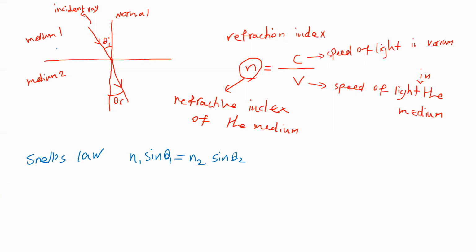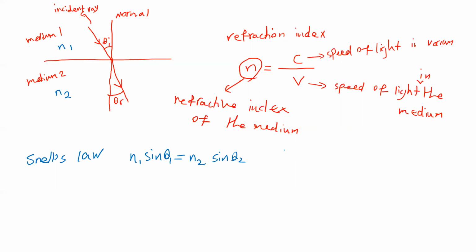If I name this one medium 1, then the refraction index for medium 1 is n1 and for medium 2 is n2. So n1 times sine theta 1, which is this angle, equals n2 times sine theta 2, which is this angle.